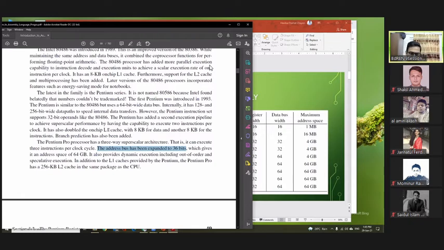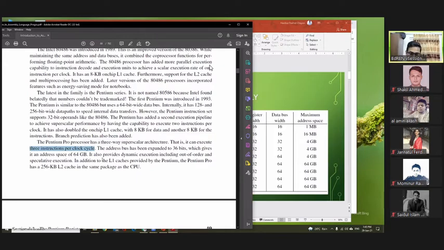There are some others which they have used. For example, the Pentium processor can do multitasking. The Pentium Pro processor can do multitasking. It can execute 3 instructions per clock cycle. Look, it starts with multitasking.